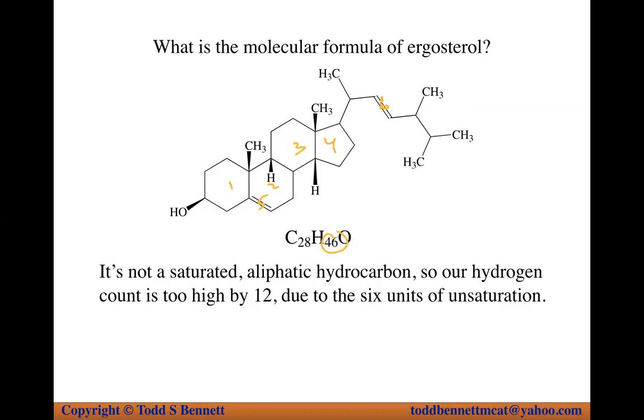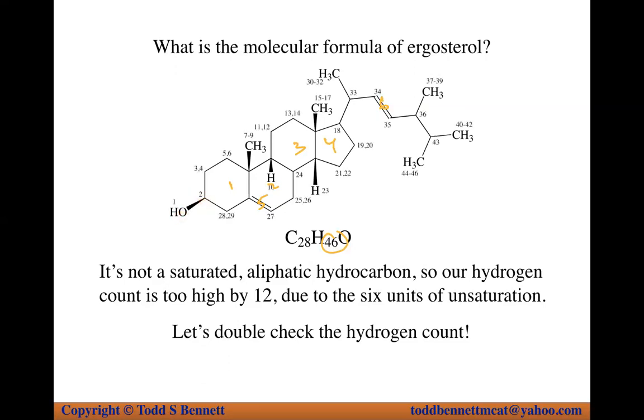And I just want to double check, make sure I've done this right. So let's count the H's. A lot of work, but I will start here. 1, 2, 3, 4, 5, 6. Nothing here. 7, 8, 9. 1 here for 10. 11, 12, 13, 14. Nothing here. 15, 16, 17, 18.